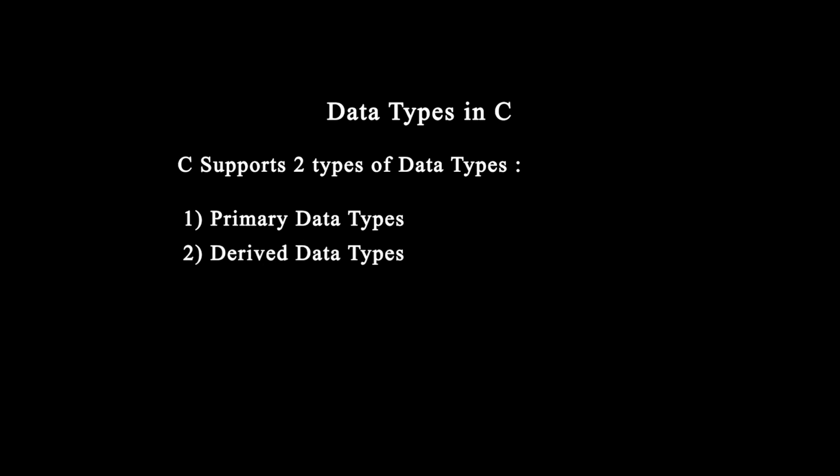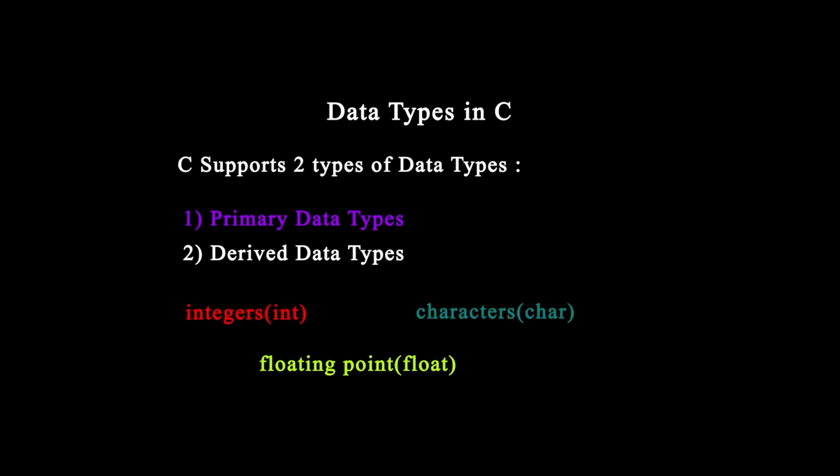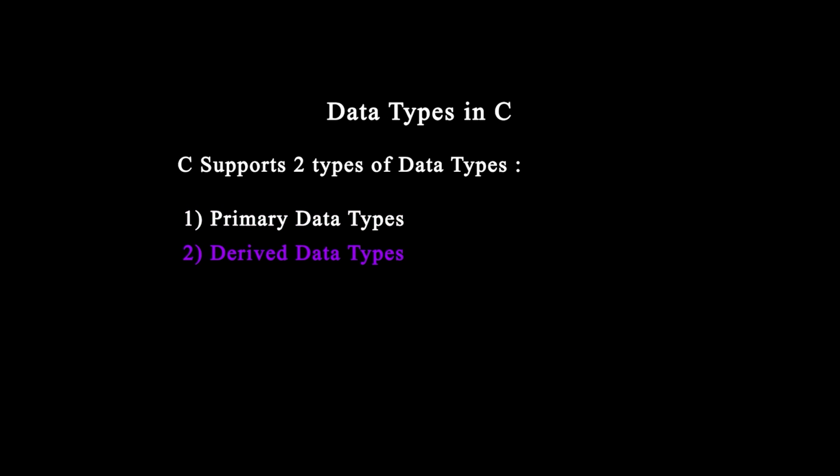Basically, C supports two types of data types, which are the primary data types and the derived data types. The primary data types are the fundamental data types, namely integer, floating point, character, and void. The derived data types are just the primary data types but with a little twist or grouped together, like arrays, structures, unions, and pointers.